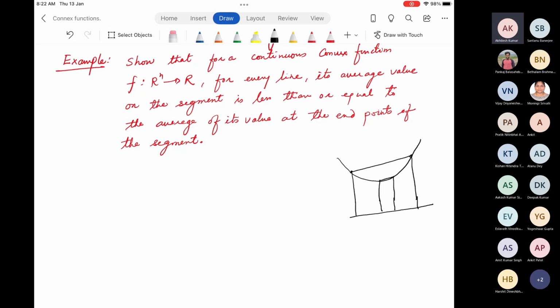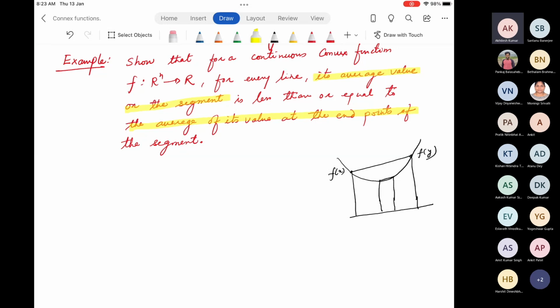Let me make it clearer. Suppose this is f(x) and this is f(y). There are two things I want to highlight here. For every line, its average value on the segment is less than or equal to the average of its values at the endpoints.